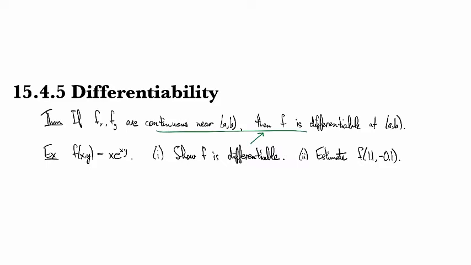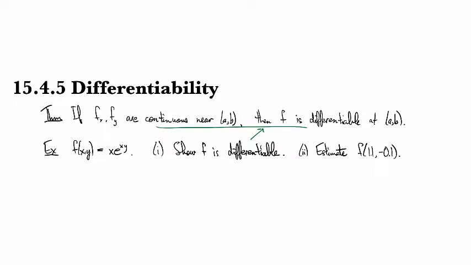Okay, and so the idea here is that once it's differentiable, then we know from the previous clip that we can estimate this using the differential. And the other thing that you should think whenever you see a question of this form, like estimate the value at some point, is that you look at this point 1.1 and minus 0.1, and the idea is this is close to some location where it's easy to compute things, namely 1, 0.